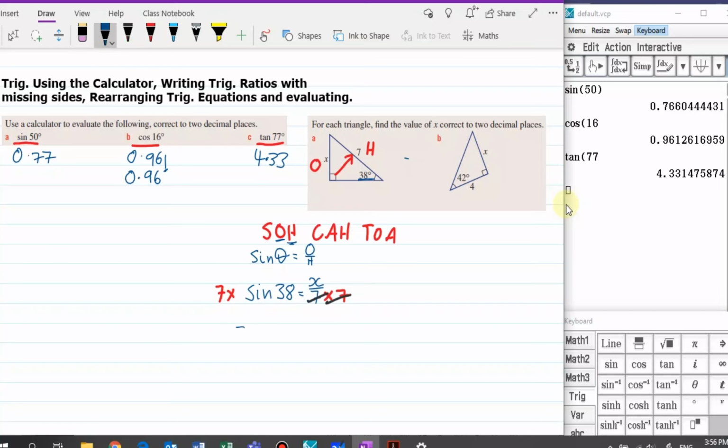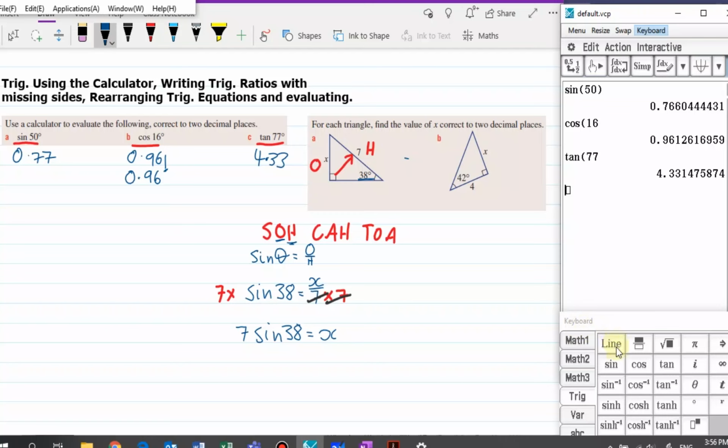So 7 sine 38 equals x. Now this is back to evaluating. We can't evaluate that without a calculator. So if we go over here, we're going to go 7 sine 38 and get a value of 4.309.